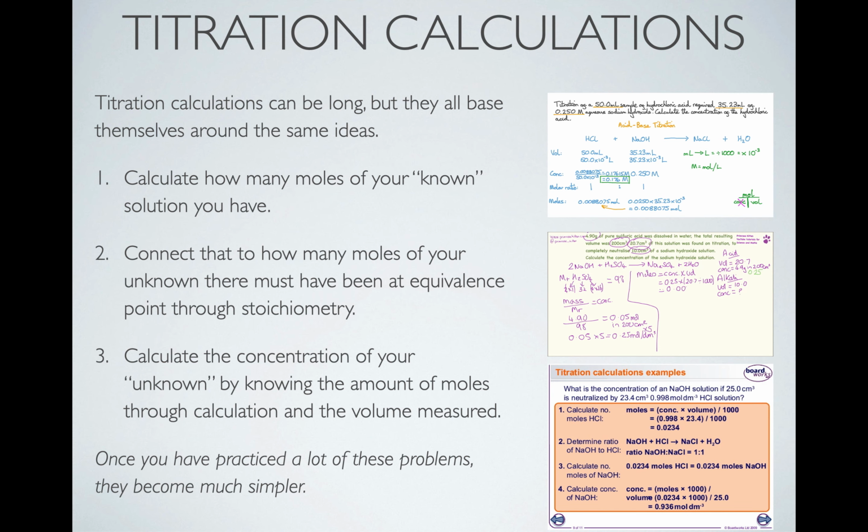After that, once you know how many moles of your known, you connect it to how many moles there must have been of your unknown at the equivalence point by the stoichiometry. Once you know how many moles there must have been at the endpoint of your unknown, you can look at the volume used. Moles divided by volume will give you the concentration of your unknown.